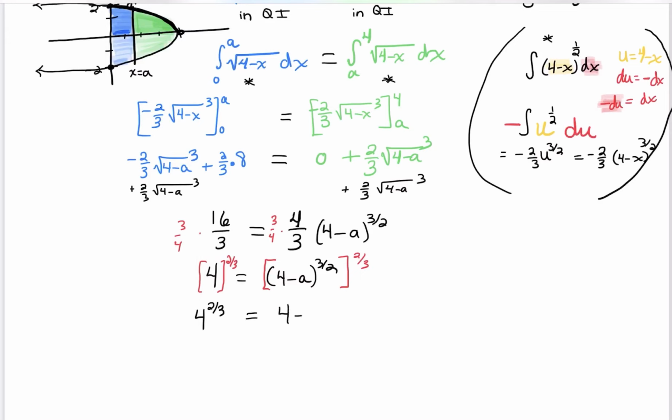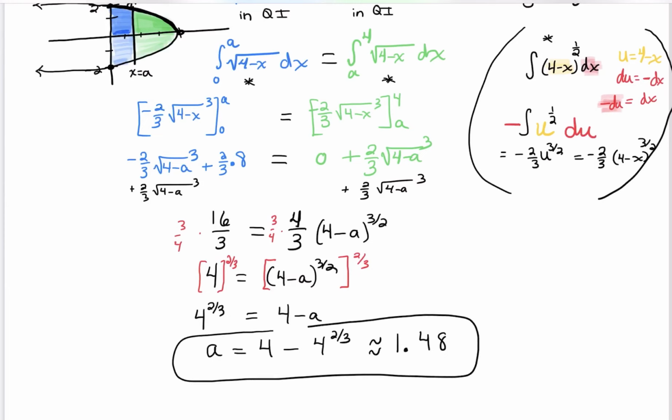But then that gives us our 4 minus a there, because powers to powers you multiply, and that would just be to the first power. And so if we add the a to the left and then subtract the 4 to the 2/3 to the right, here's what we get. 4 minus 4 to the 2/3. And if you sub that into your calculator, it is approximately 1.48. So that would be where we would have that vertical line that would evenly distribute the green area to equal the blue area.